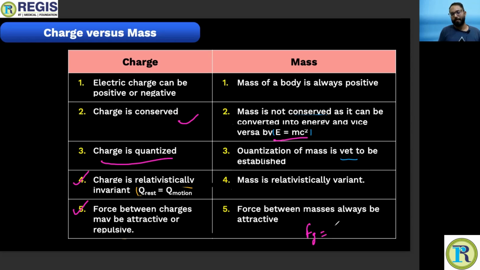It's given by capital G M1 M2 divided by d square, where d is the distance between two masses, where M1 and M2 are the masses. Clear? You can note down these points.